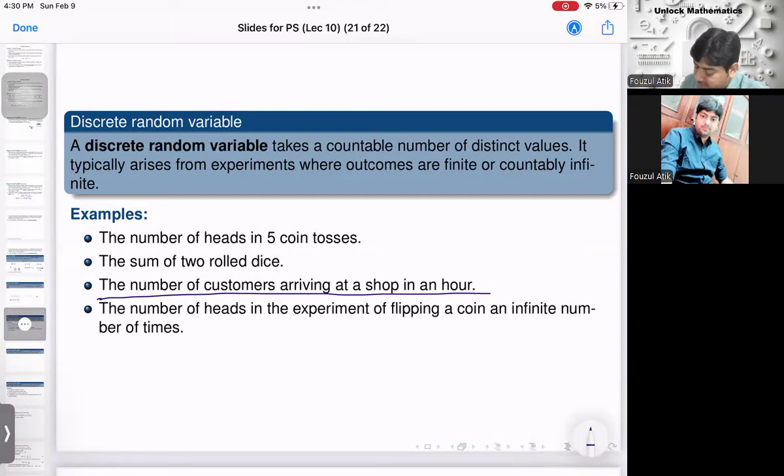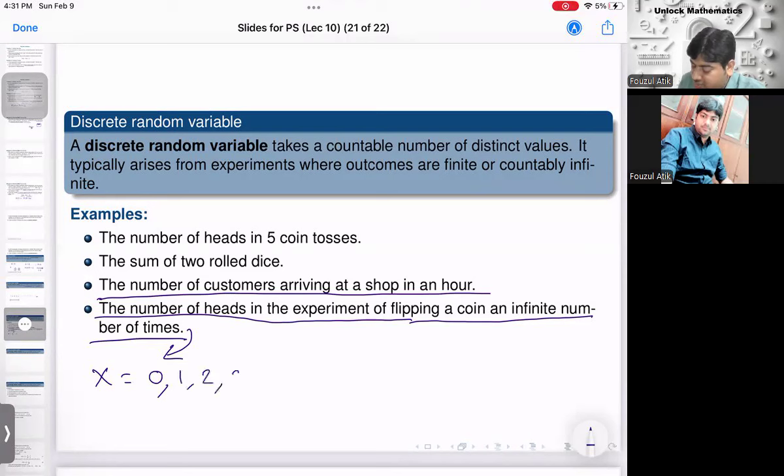Look at this experiment. The number of heads in the experiment of flipping a coin an infinite number of times. Suppose x is the number of heads in that experiment. So what values can x take? Even with an infinite number of tosses, x can take the value 0, no heads, or 1, or 2, or 3.